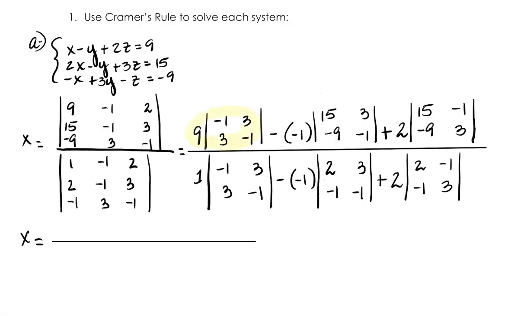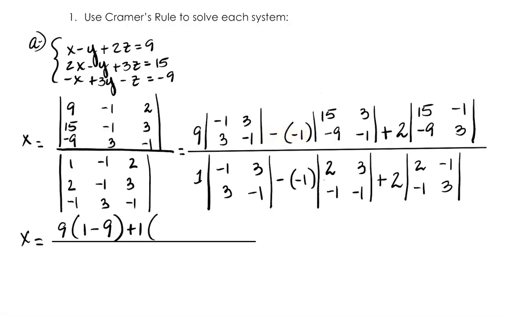Our first term will look like this. 9 that multiplies -1 times -1 is 1, minus 3 times 3 is 9. -1 and the negative sign become +1.